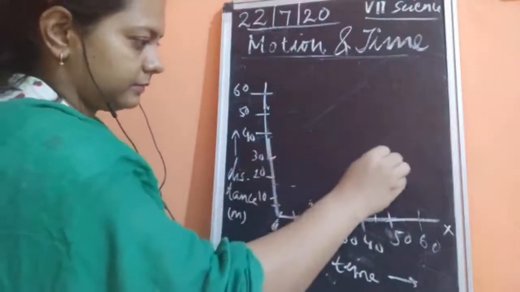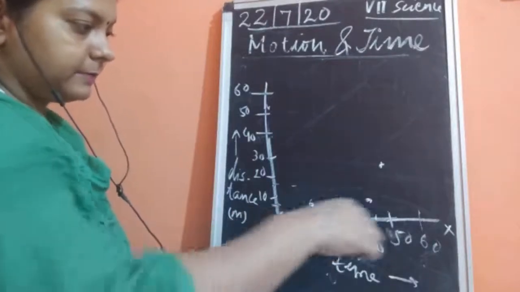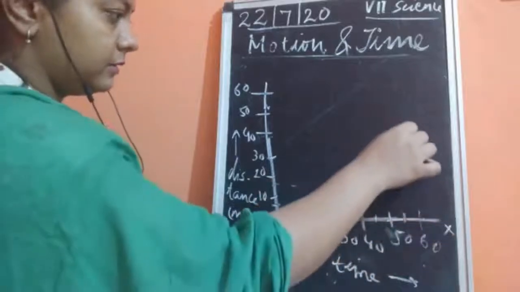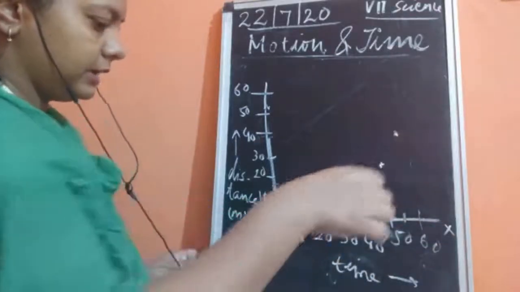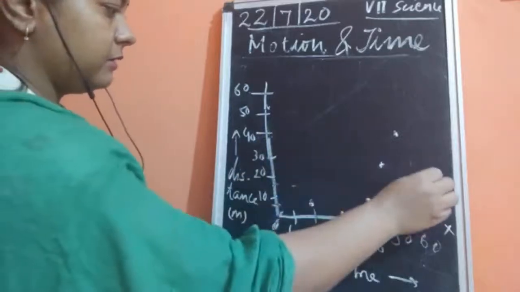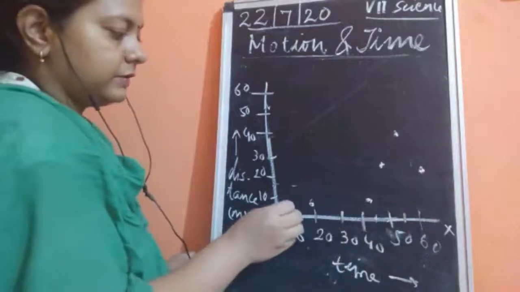It's here. Then in 55 seconds, it is 40. Then again in 60 seconds, the distance became 30. Now you need to draw this with free hand.